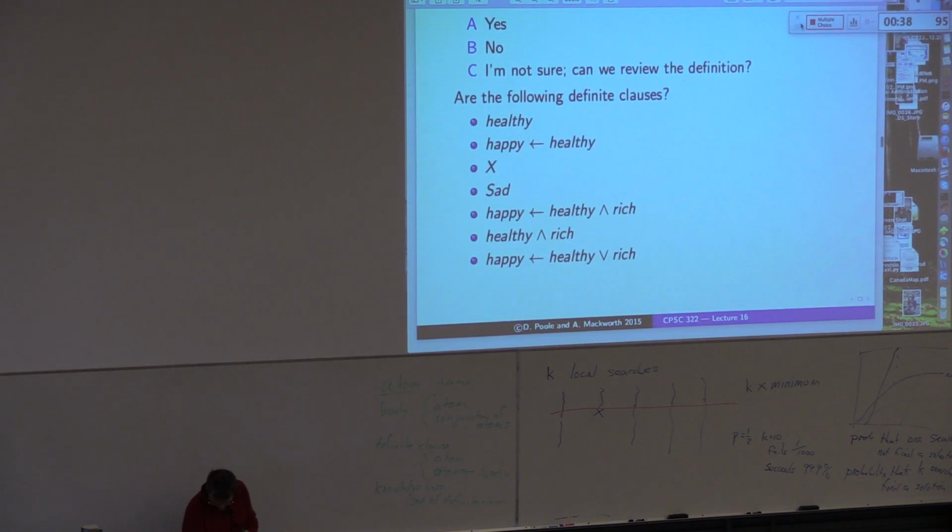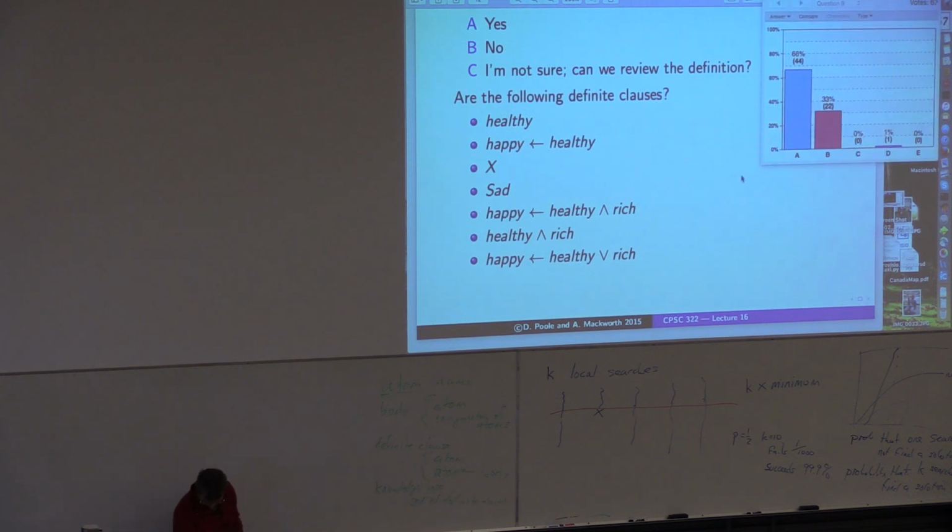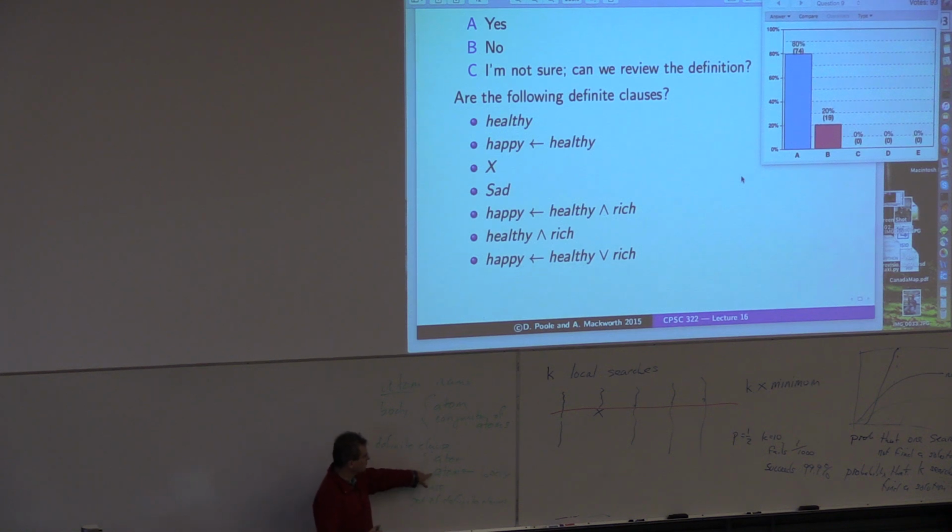Okay, what about happy if healthy or rich? Can we write that? Are we allowed to? Is it an atom if body, where a body is an atom or a conjunction of atoms?